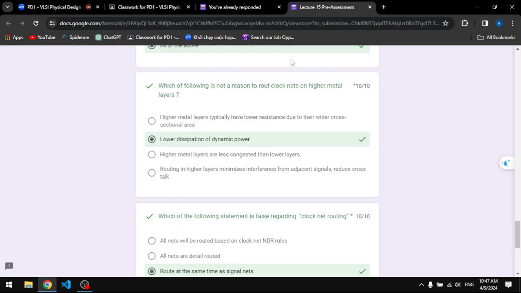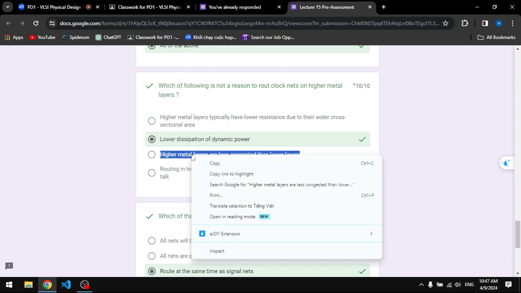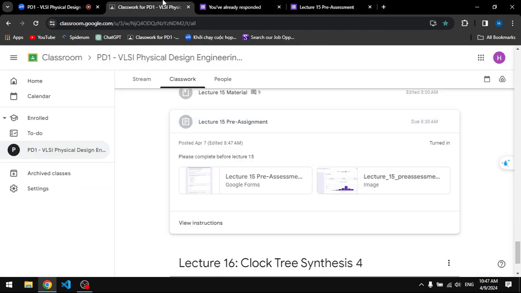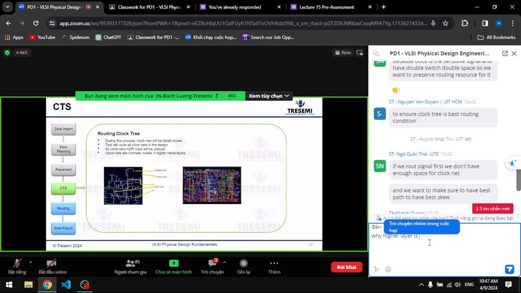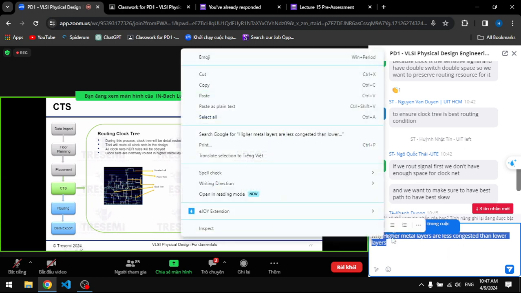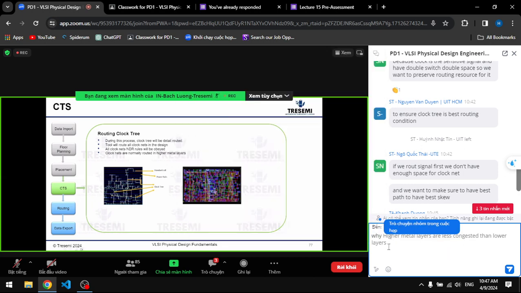The loading on the drivers is going to be much higher, but that's a small price to pay versus having a better clock tree and better performance for your design. So you sacrifice a little bit of power. Okay, good, great.